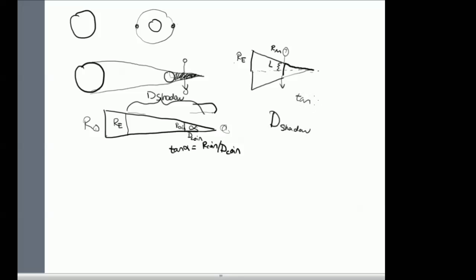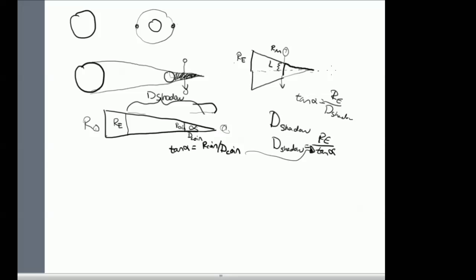I guess tan alpha, and we know alpha is equal to RE over d shadow. So d shadow is equal to RE over tan alpha. If you want, you can just plug this in to figure out what tan alpha is.